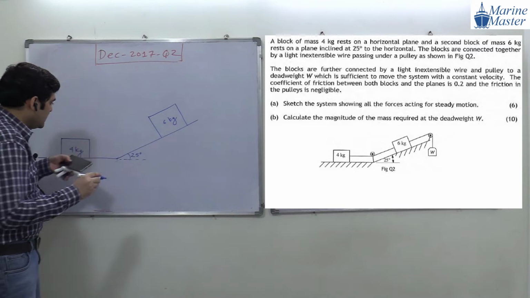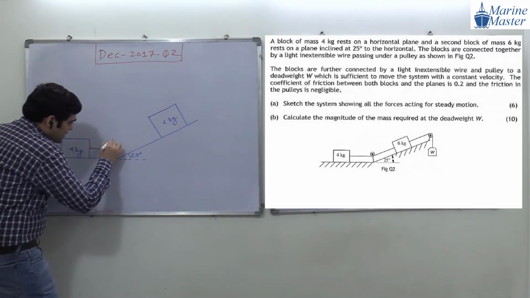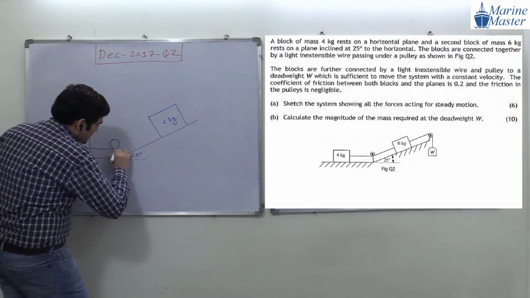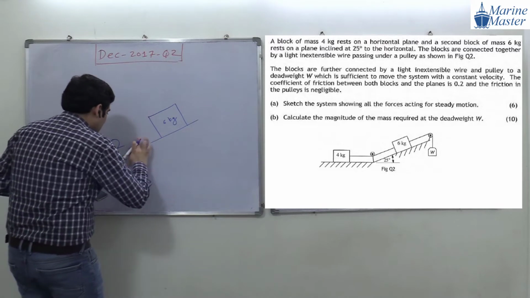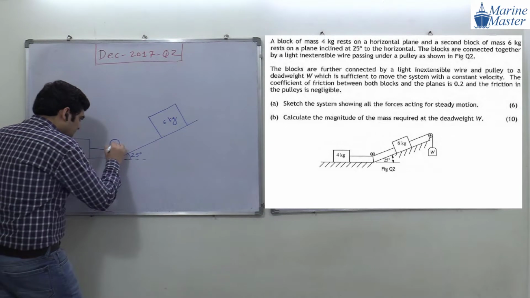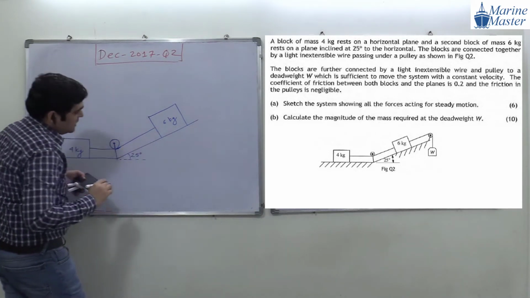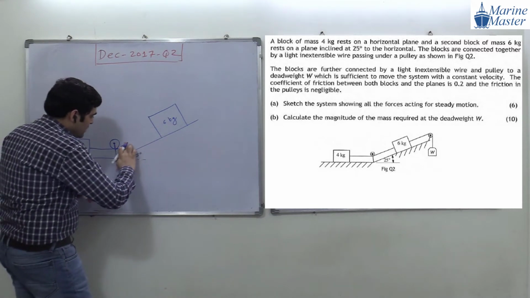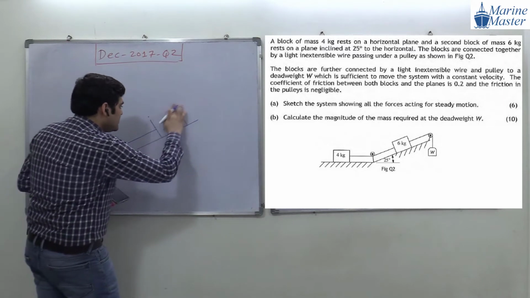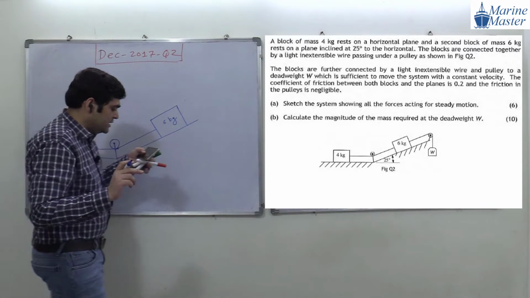So here there is an inextensible wire, and this is a pulley. This is another wire, meaning it is one combined single wire. Try to see the drawings here; drawings are very, very important in this scenario.